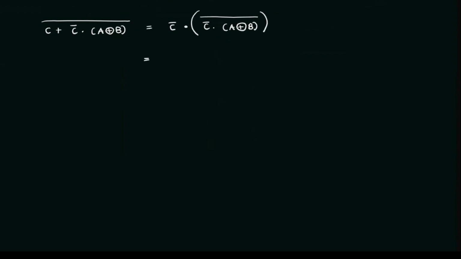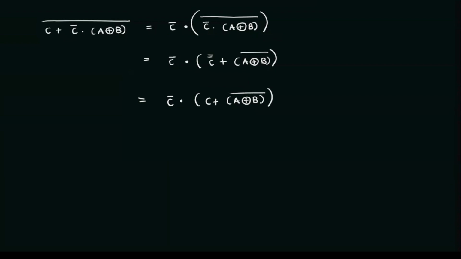Now we are going to break down the inside even more. De Morgan's law is very important here. If you don't know De Morgan's law, I'll attach the video at this point so you can go and watch and come back. So C double bar into (A XOR B) whole thing bar gives us C bar into (C plus A XNOR B) whole thing bar.